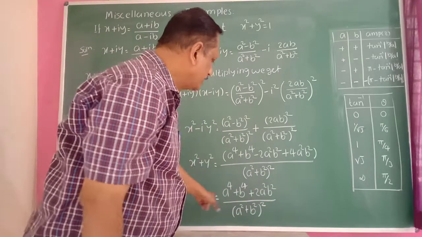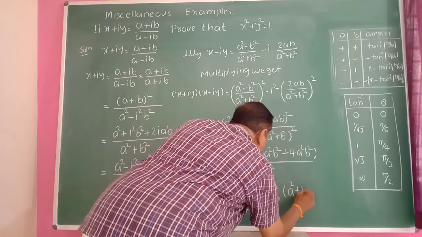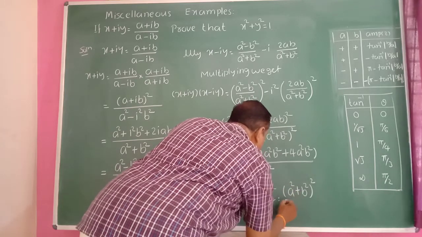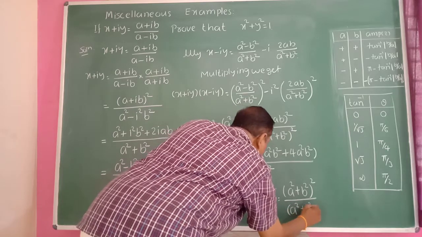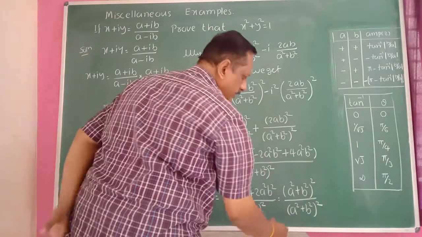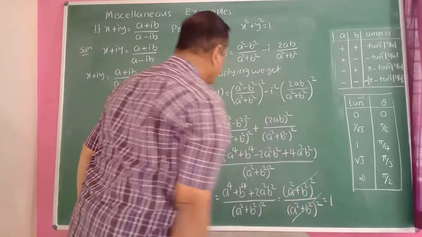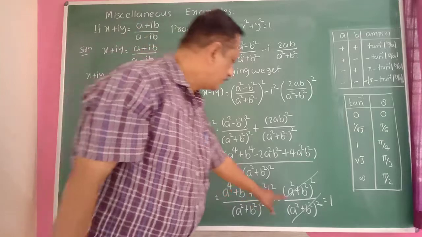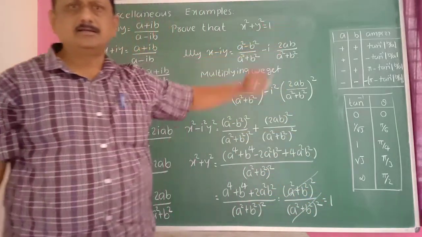Then complete this numerator term is a square plus b square whole square divided by a square plus b square whole square. So this term and this term get cancelled here. The remaining is what here? x square plus y square is equal to 1 here. So this is our required result.